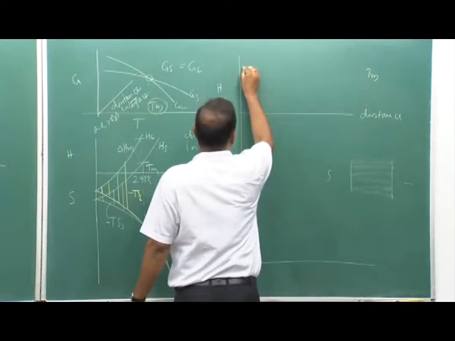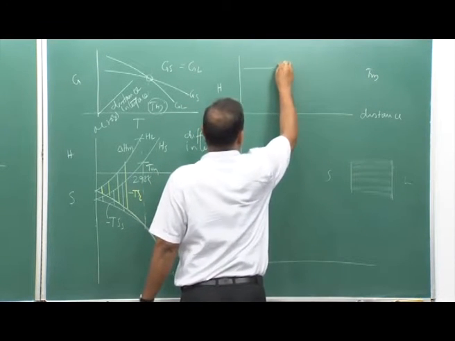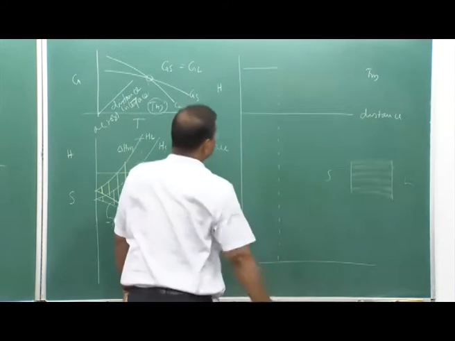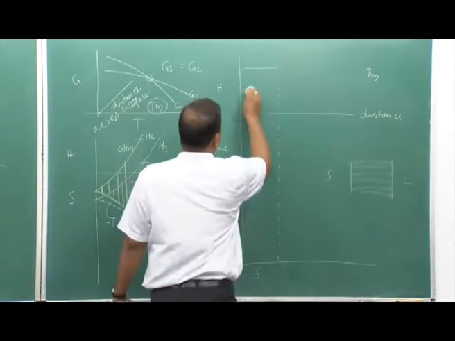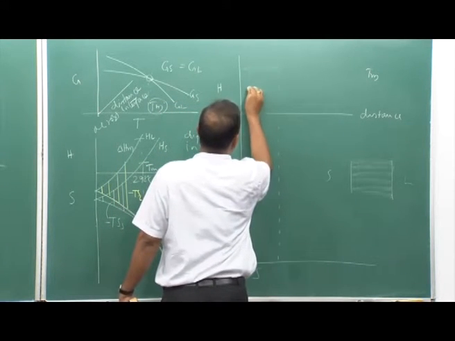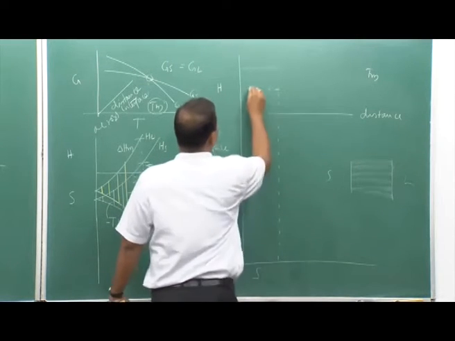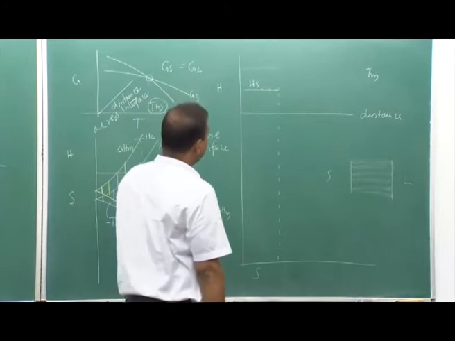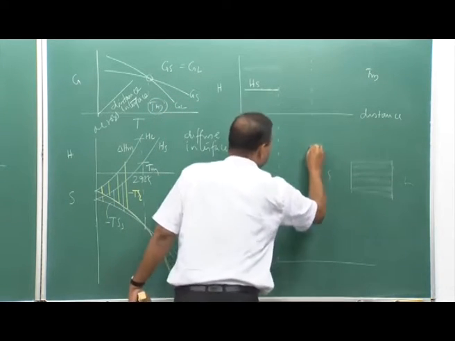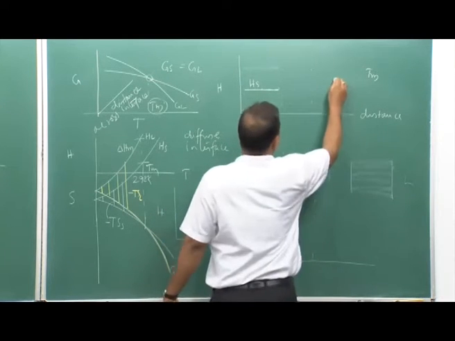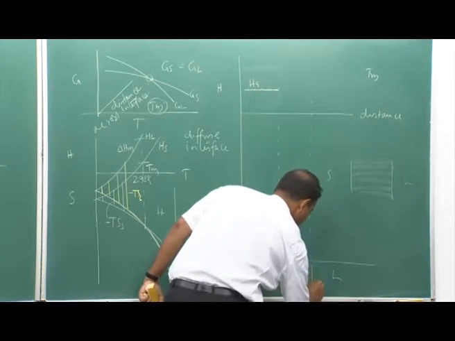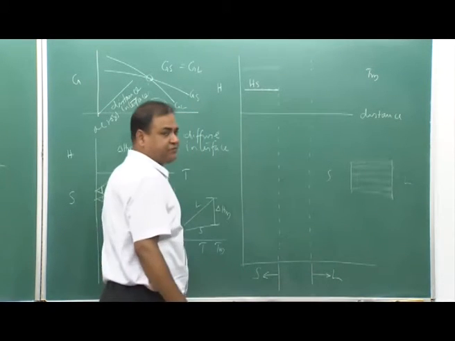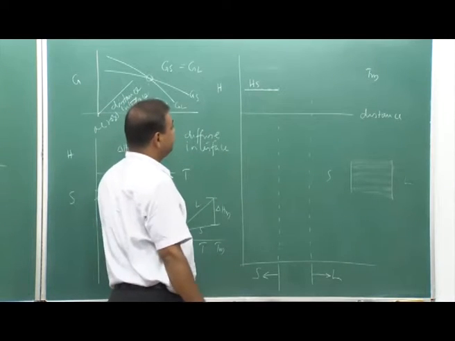So, that time we will see that if this is my solid part, let us do it here. If this is my solid part, this is H s, and the liquid part would be, this is completely liquid, this is completely solid, and this is the interface region which has a specific width.